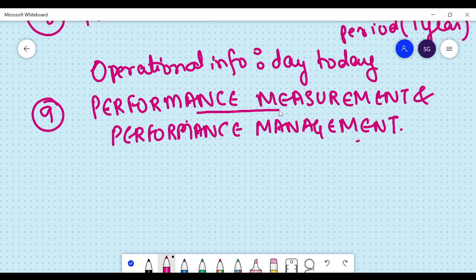We must know that performance measurement is an essential part of performance management.